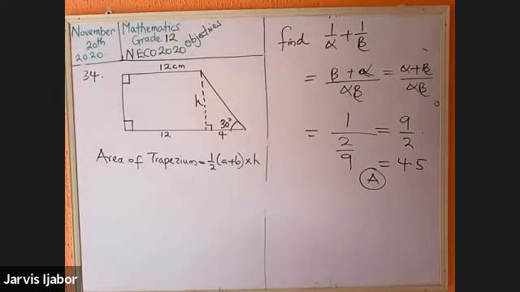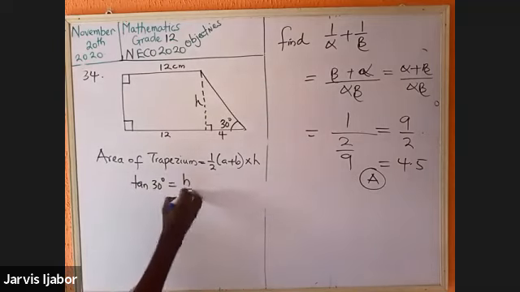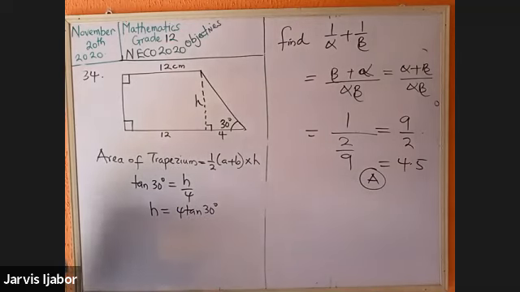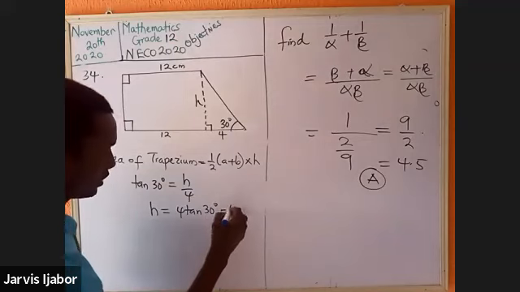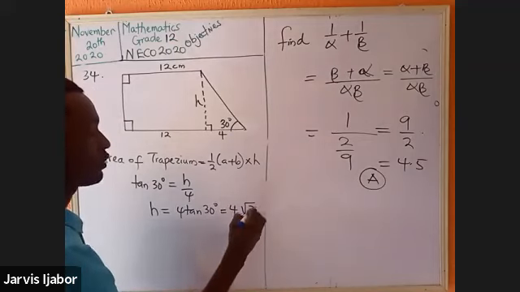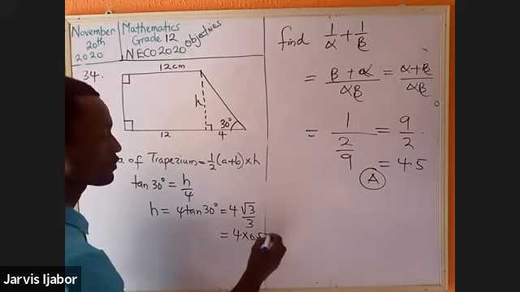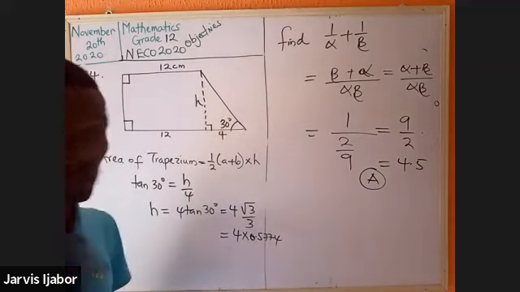So we can use our trigonometric ratio, and that will be tan. So tan 30 degrees will be equal to h over 4, meaning that h will be equal to 4 tan 30 degrees. What is tan 30 degrees? Tan 30 degrees is essentially root 3 over 3, or 0.5774. Because I've been using it over the years, it has stuck in my head.